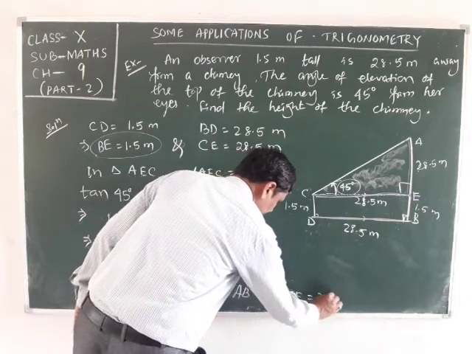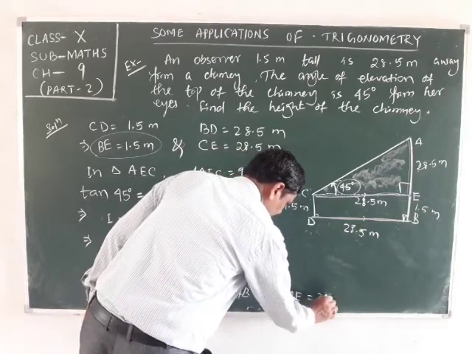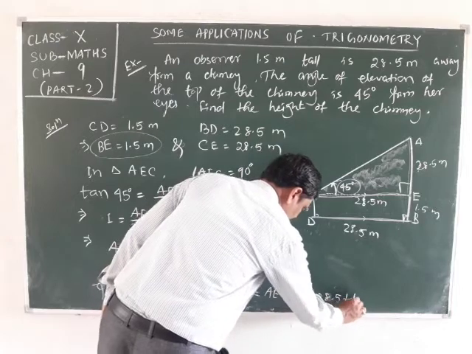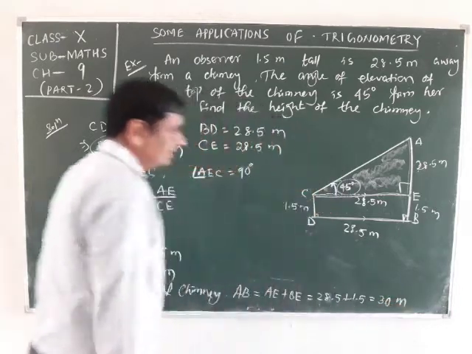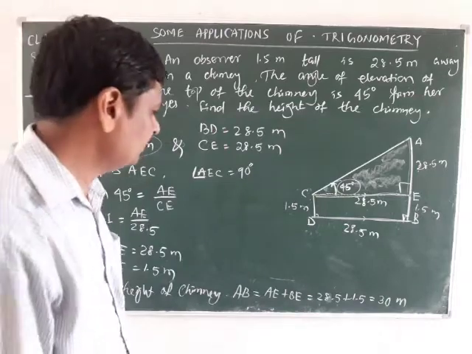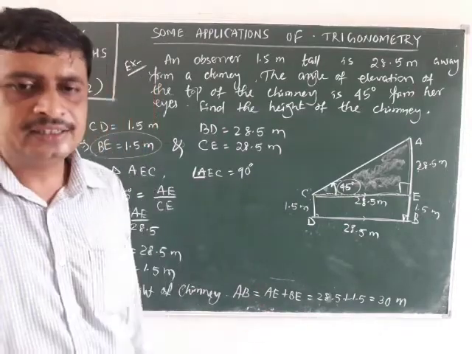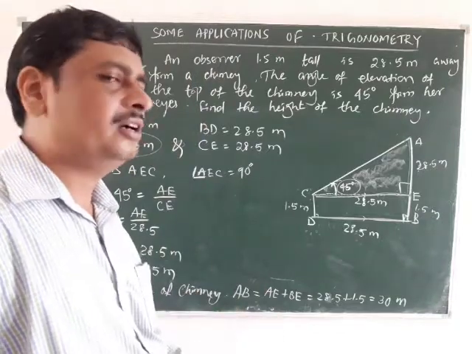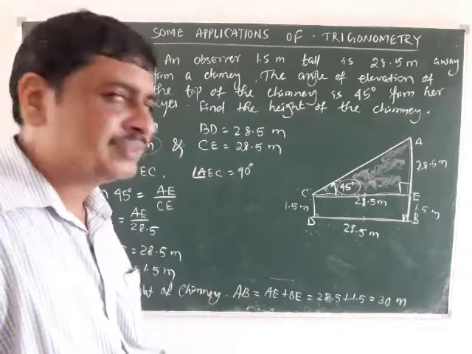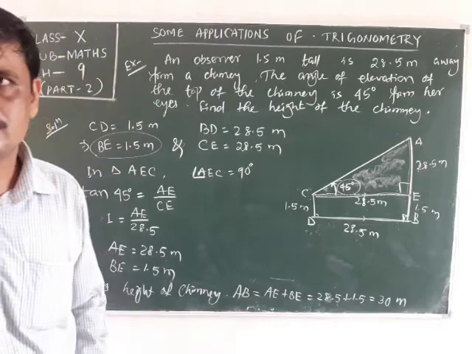This is equal to 28.5 plus 1.5 equal to 30. Here we got the value that the height of the chimney is equal to 30 meter. In this way we can find height or distance by using different trigonometric ratios.